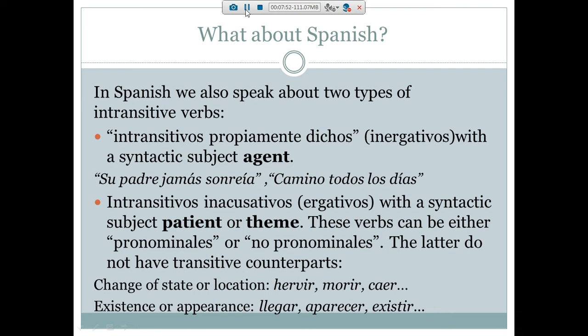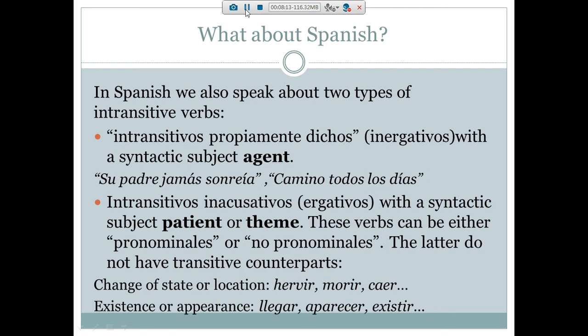O sea que hervir puede ser usado como transitivo o como intransitivo, pero no tiene una forma pronominal. Ahora, si yo digo, se hierve, no sé, el arroz en agua, ahí no es un verbo pronominal, sino que sería una voz pasiva con se.